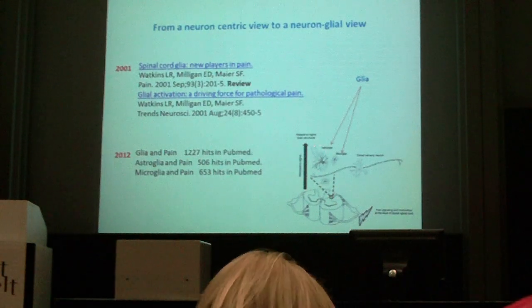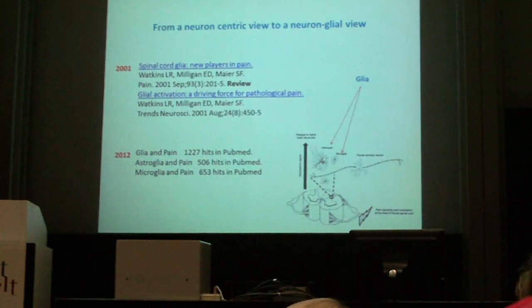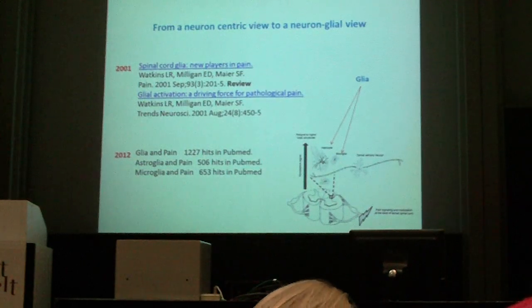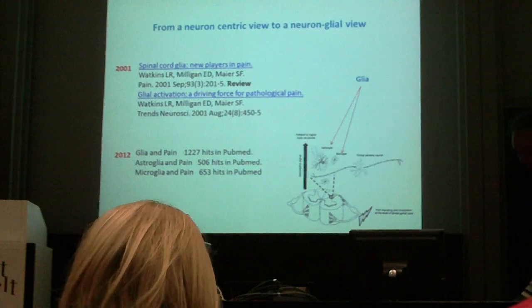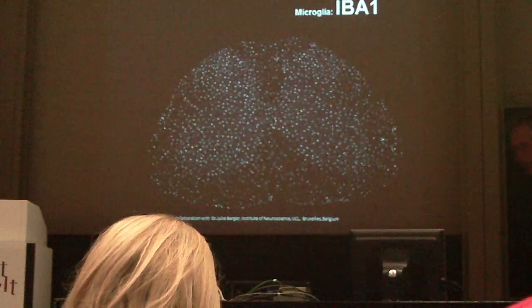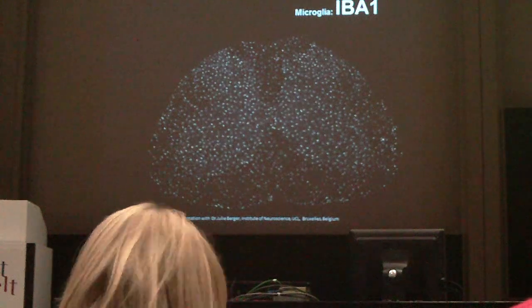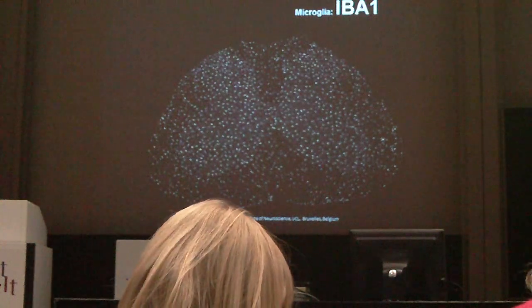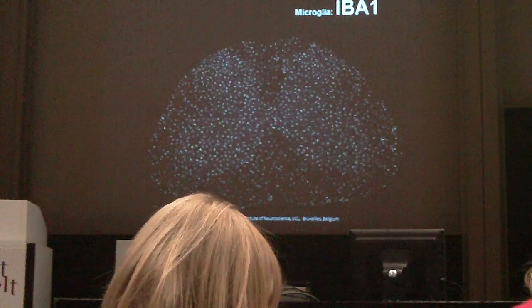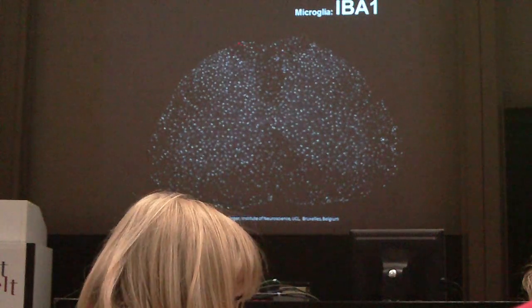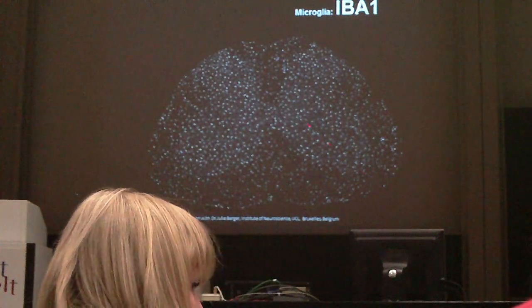And you have the astrocytes, the more star-formed glial cells. And if we now go in and study in detail what happens with these microglial cells as well as astroglial cells, if there is pain, we see the following. This is a transverse section of the spinal cord.